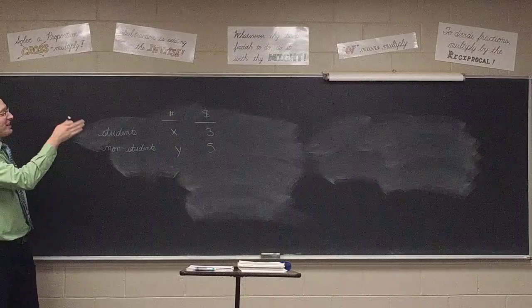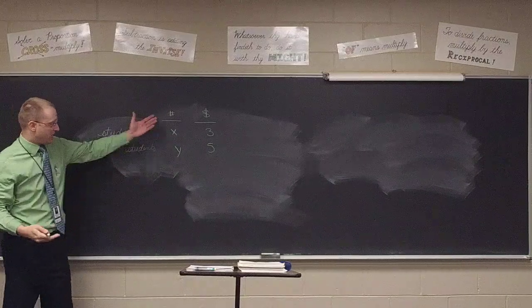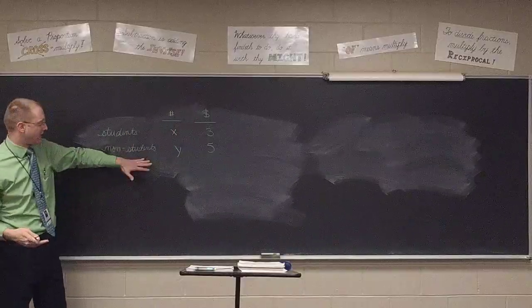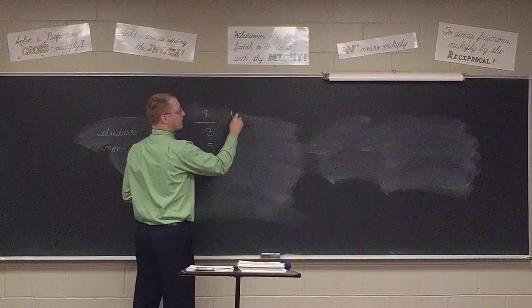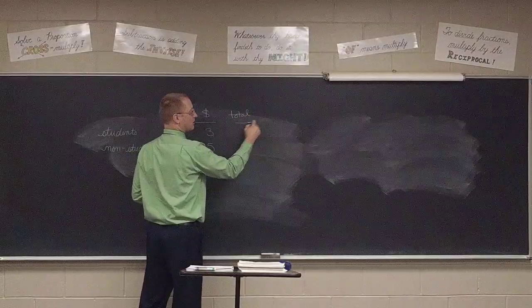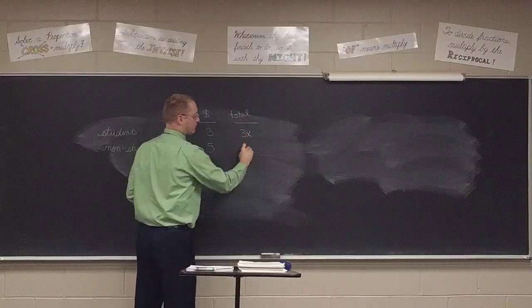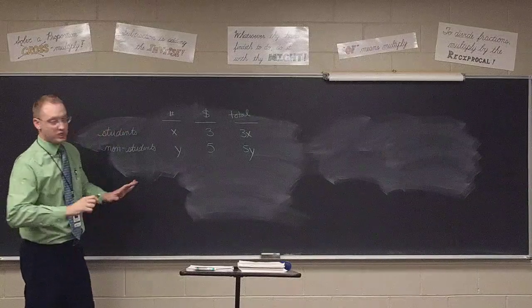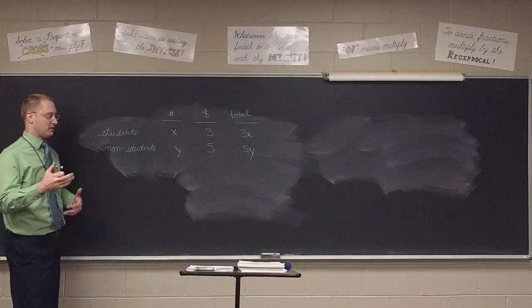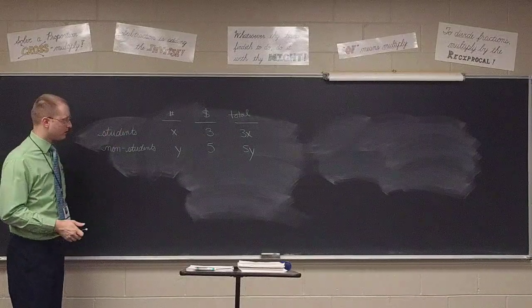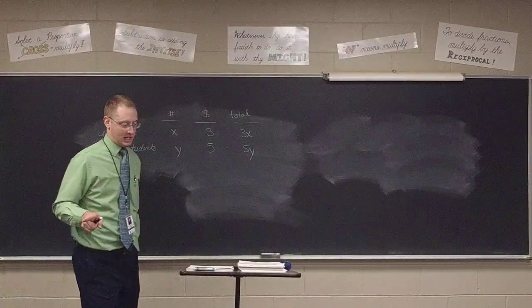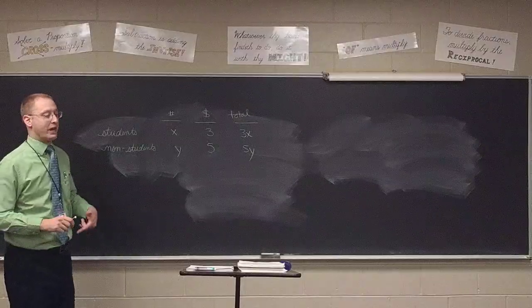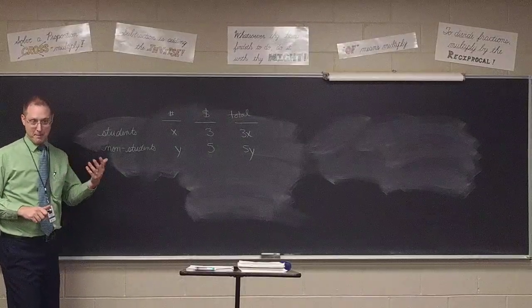Anyway, and then of course, the next thought would be, well, if you've got X students paying $3 a piece, Y non-students for $5 a piece, then the totals. Now there's two numbers, of course, that we haven't used yet, and there are some totals, if you will. What are those numbers? 1,500 tickets and $5,000. Right, 1,500 tickets, which means 1,500 people, and $5,000, which of course is money.